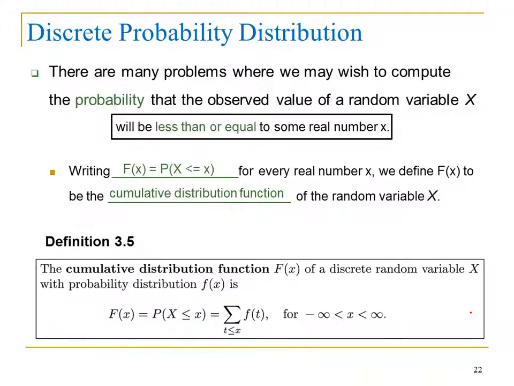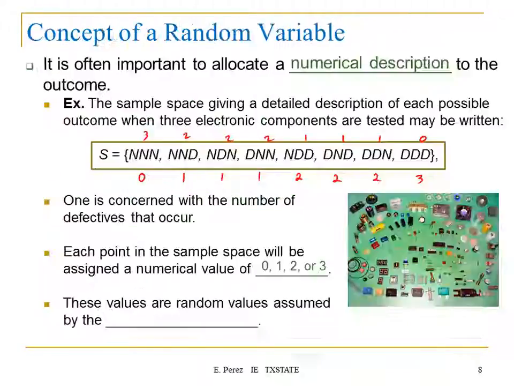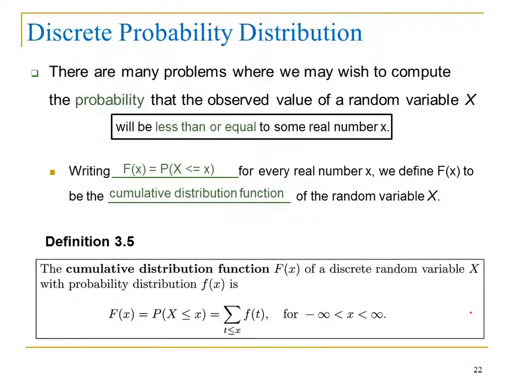Because that's equal to 2. Now, if I ask you for the probability of x being less than or equal to 3, what would you do? You need to sum. You need to sum because f of 1 is included, f of 2 is included, and f of 3 is included. So the probability of x being less than or equal to 3 will be 0.2 plus 0.25 plus 0.10. And that is equal to 0.55.